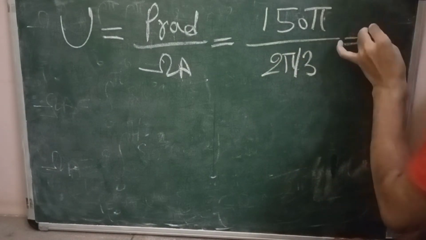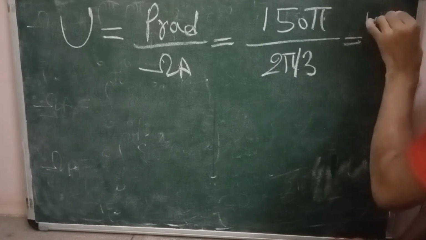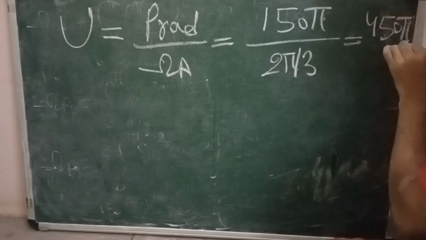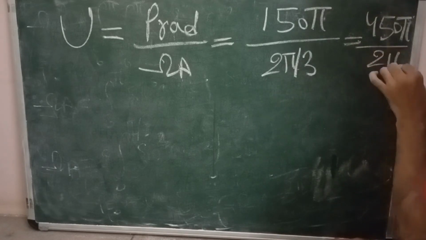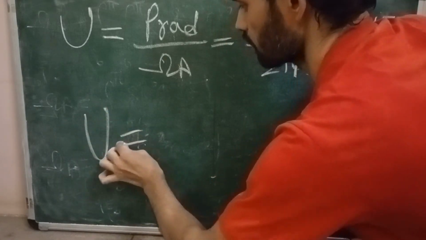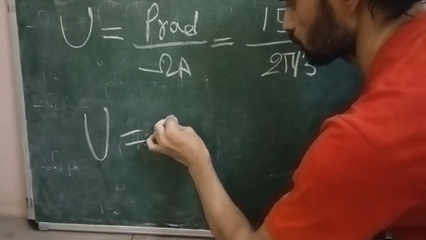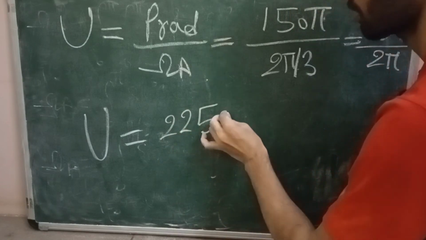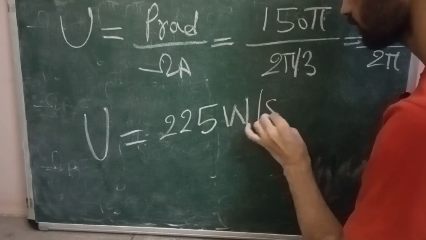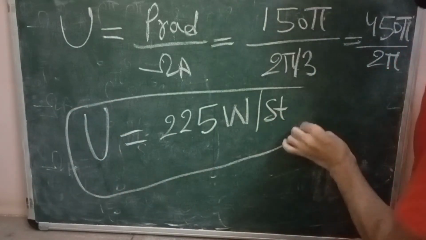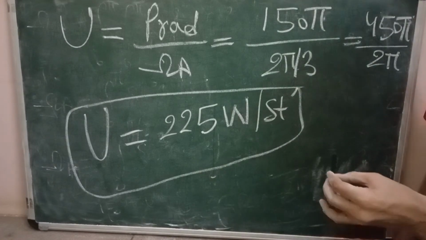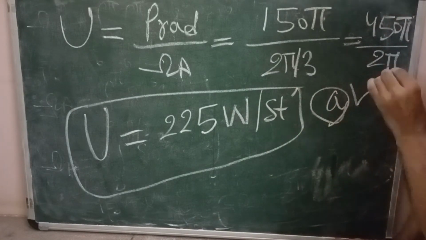So this is 450 pi divided by 2 pi. So the radiation intensity is 225 watt per steradian. So this is the answer. The answer is A, option A is correct.